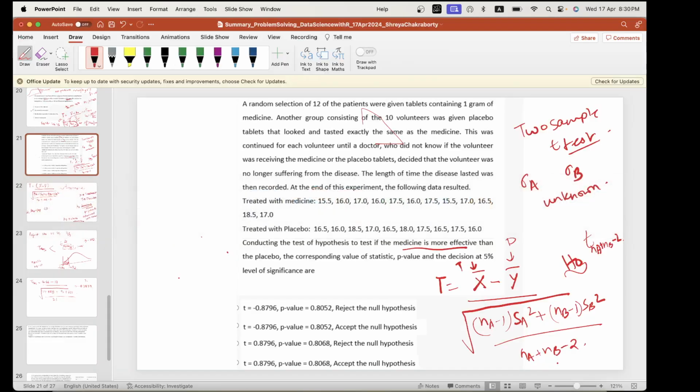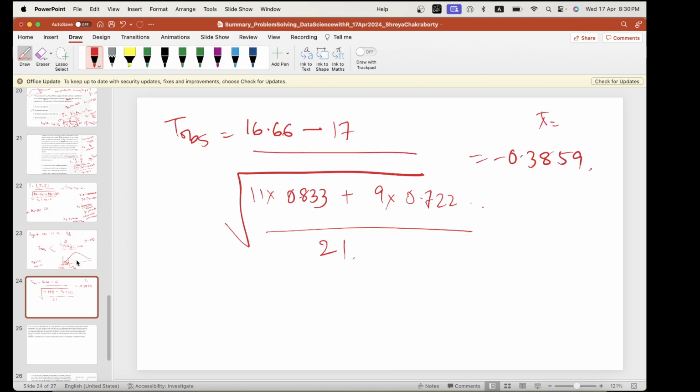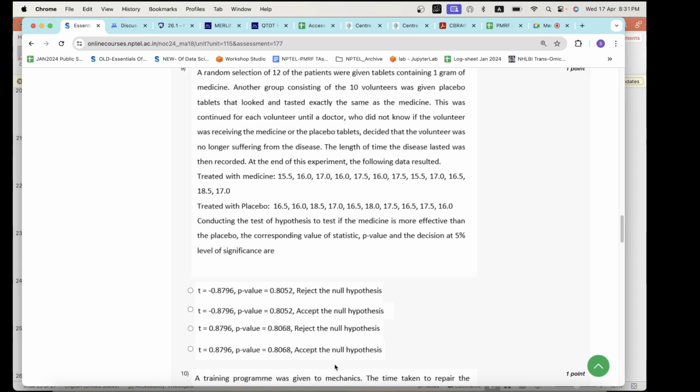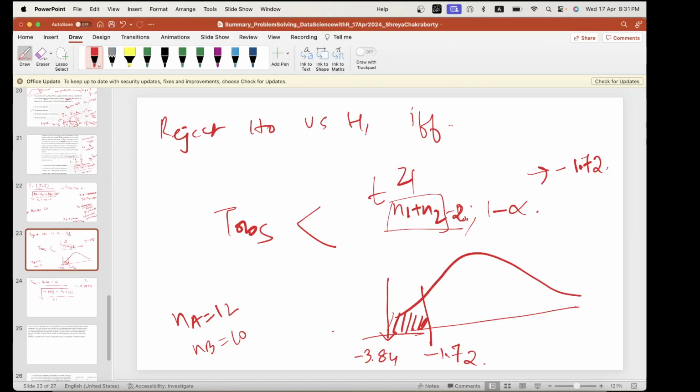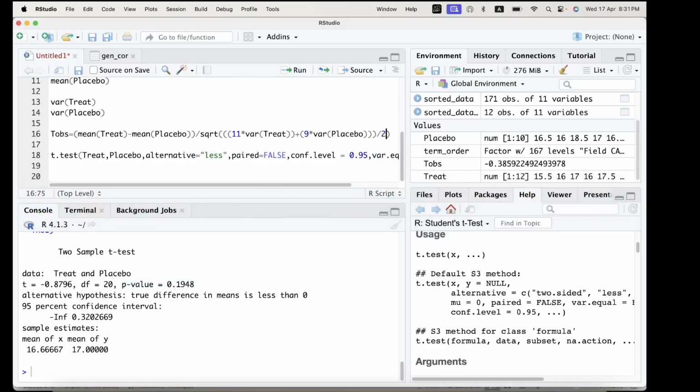This is n1 plus n2 minus 2. I made a calculation mistake over here. This is 12 plus 10 minus 2. So yeah, that was the problem. So here, this would actually be divided by 20.